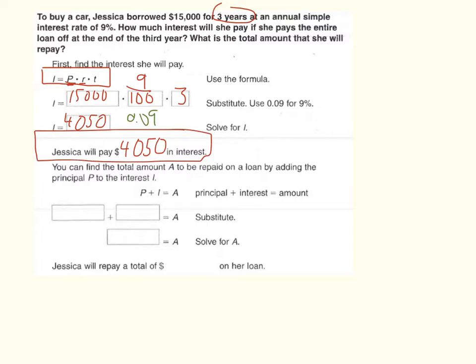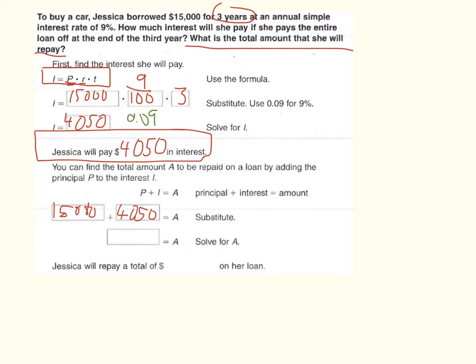But it also asks, what is the total amount that she will repay? So she borrowed $15,000, and she's going to pay back $4,050 in interest. So the principal was $15,000, and the interest was $4,050.